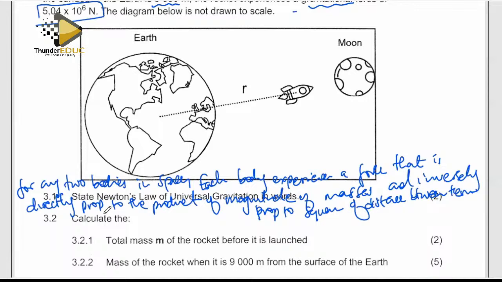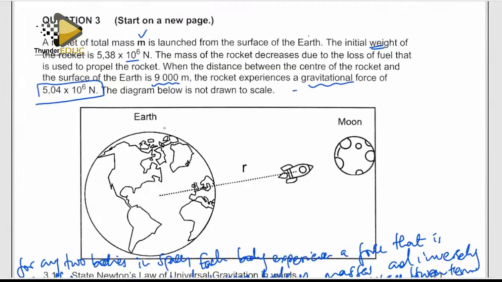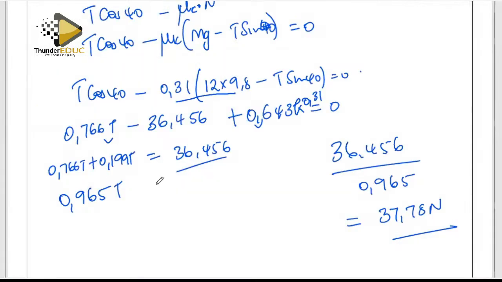Then 3.2.1, they want us to get the total mass of the rocket before it is launched. Now, the question gave us the weight. They want us to get the mass. We know that weight is mass times gravity.